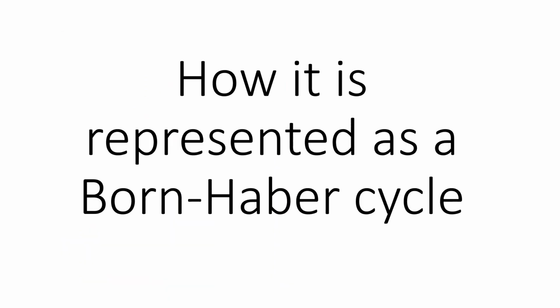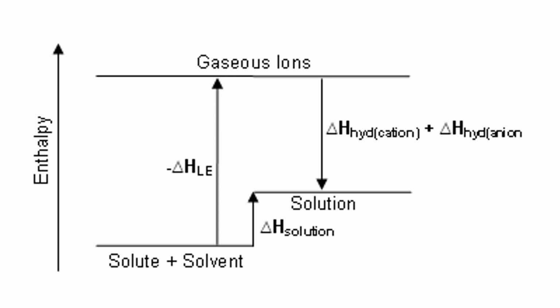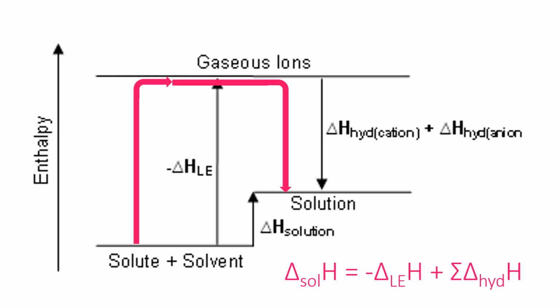So we can represent this in a Born-Haber cycle by three things: lattice enthalpy, solution enthalpy, and hydration enthalpy. So what we do is we take the negative of the lattice enthalpy, the idea of it being dissociated, and we follow an indirect route to try and work out delta H sol by Hess's law.